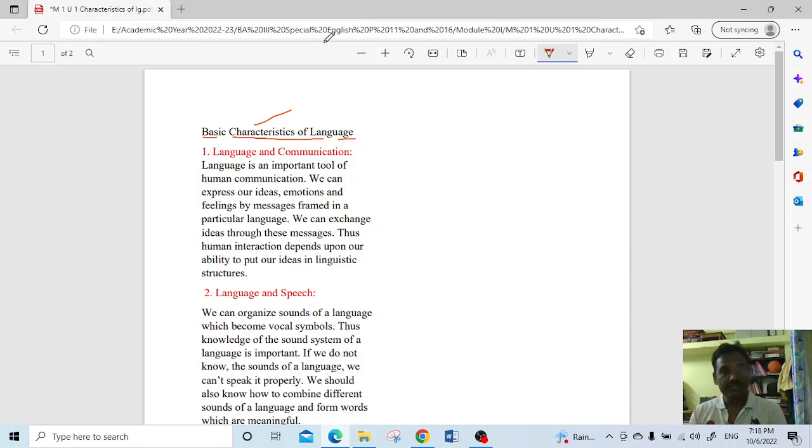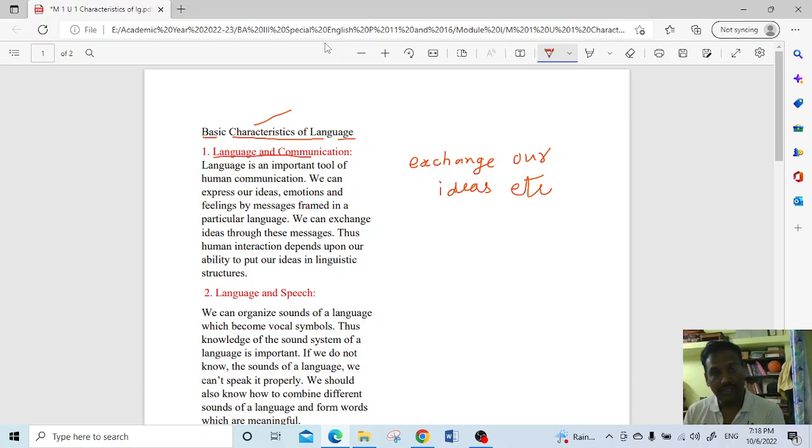The first characteristic is language and communication. What does that mean? It means that we use language to exchange our ideas, emotions and thought.